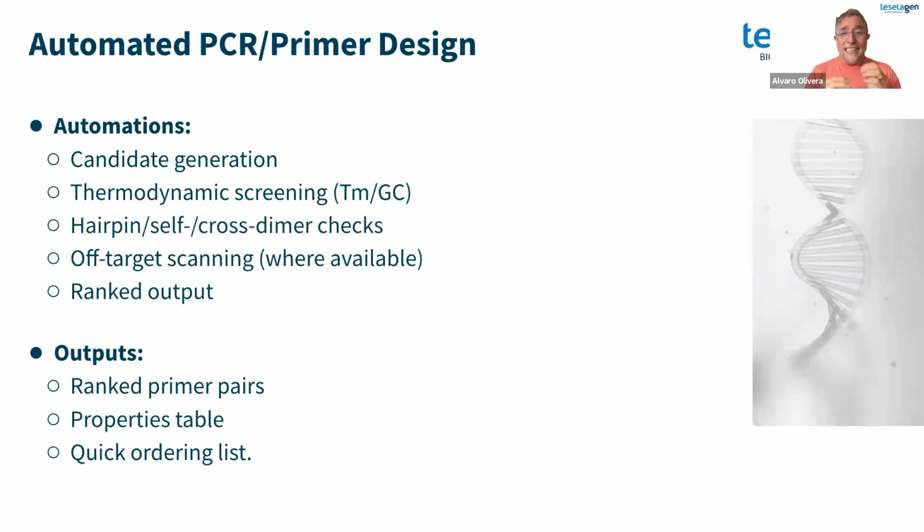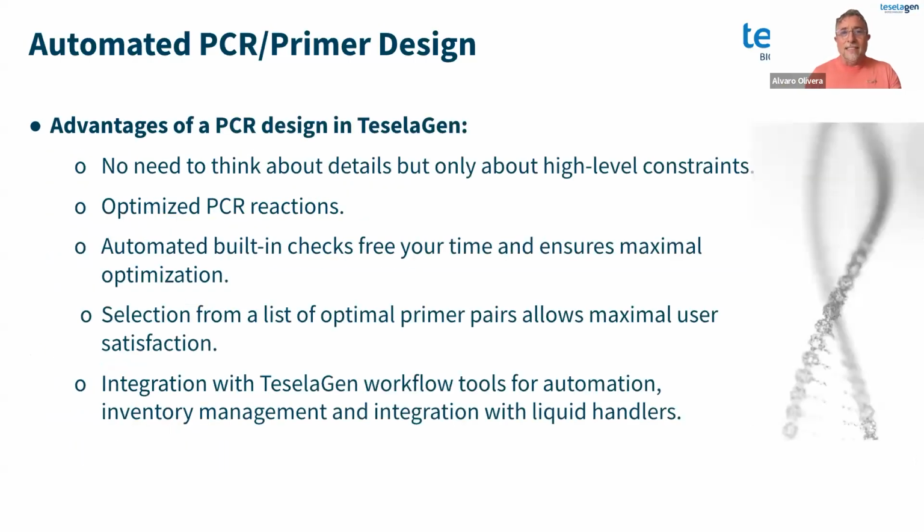But in this case, the tool just gives us a list of ranked primer pairs, and all the calculations are done inside Teselagen, so you don't have to worry about that. In the next slide, this is just the abstract of everything else.